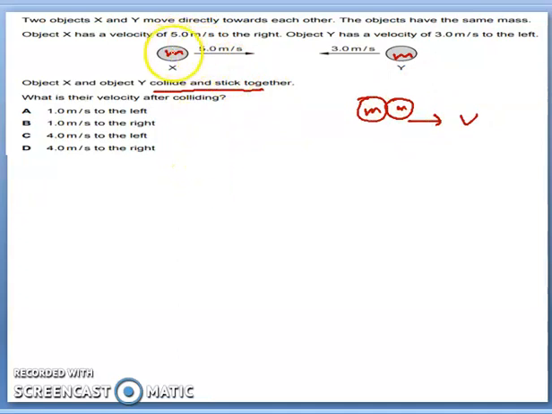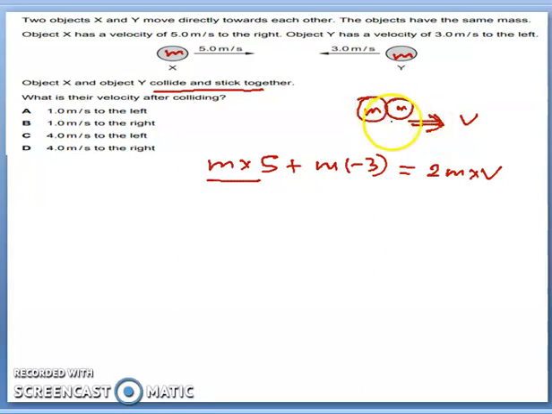So the initial momentum equals the final momentum. So m into 5 is the initial momentum of the first object. This is m into minus 3, because this is in the opposite direction, equals m plus m, which is 2m, into velocity v. I'm taking towards right as positive, so left is negative.